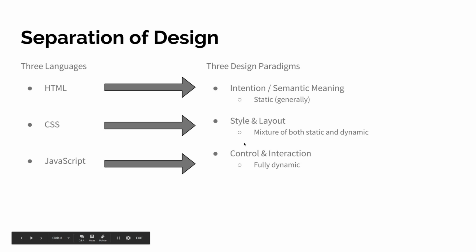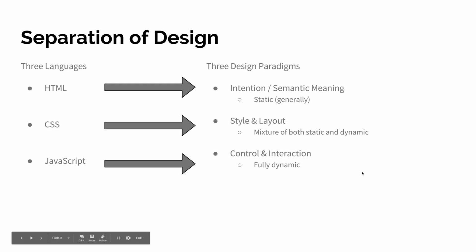Lastly, we will have control and interaction happening with the JavaScript. And this is where things get really sticky. If you're not careful, JavaScript can be scattered all throughout your HTML. It can contain within it more CSS and more HTML. It can really start to mix into lots of strange things, and we don't want to make that happen if we can help it.